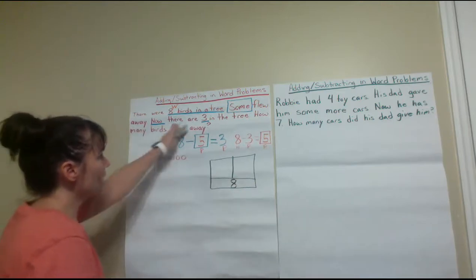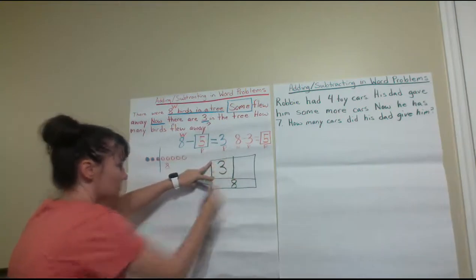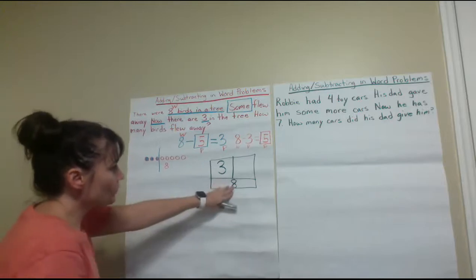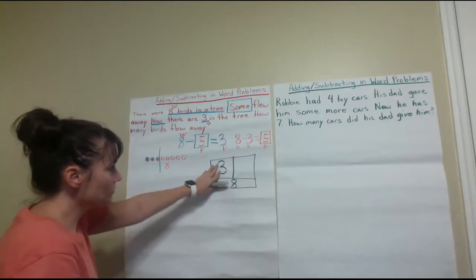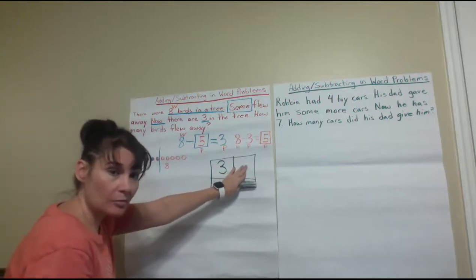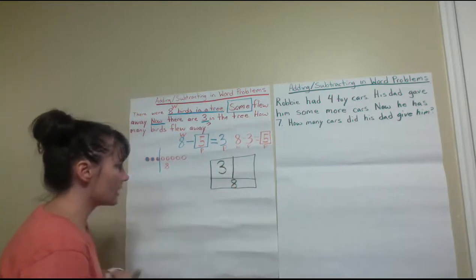I know that now there are 3, so I know one of my parts is a 3. We can take the whole minus one part to get the other part, but we can also think about how to add our 2 parts together to get our 8.